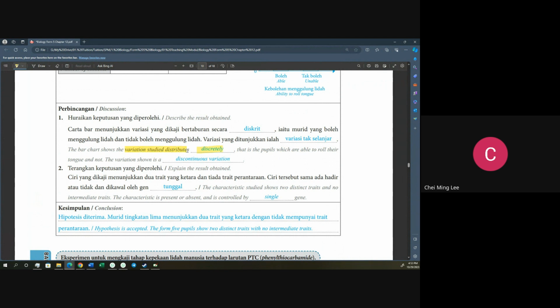When the variation is distributed discretely, it means it is a discontinuous variation. This shows two distinct traits, no intermediate traits, nothing in the middle. So we can say it is normally controlled by a single gene.